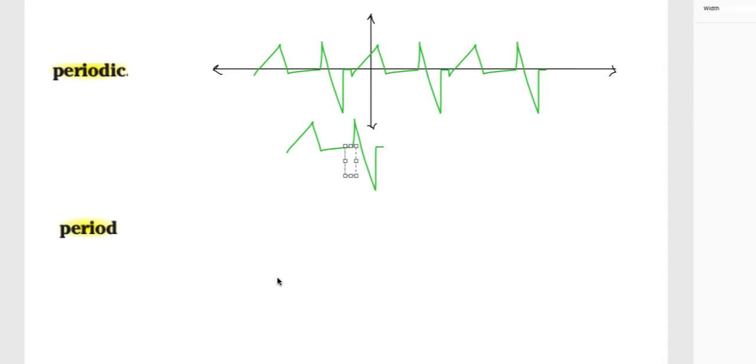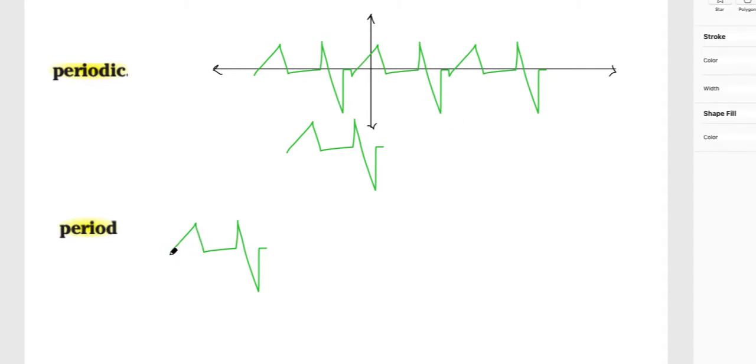The way I created the periodic function above was taking a bunch of these things and redrawing them over and over again. And so basically this would be one period. And so one period is the time it takes for one cycle to go through.